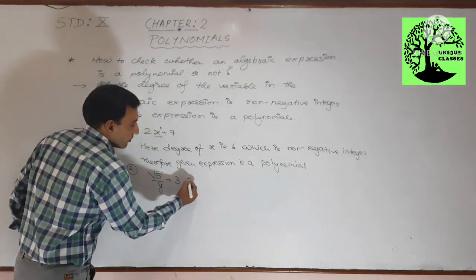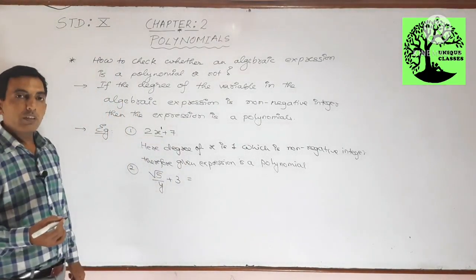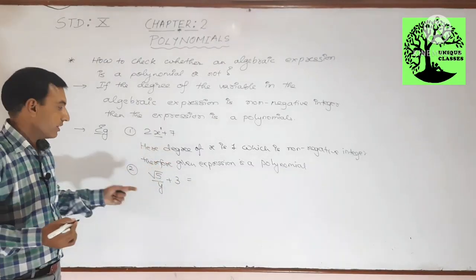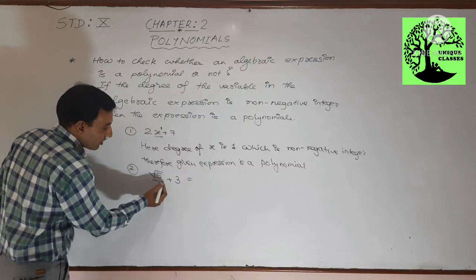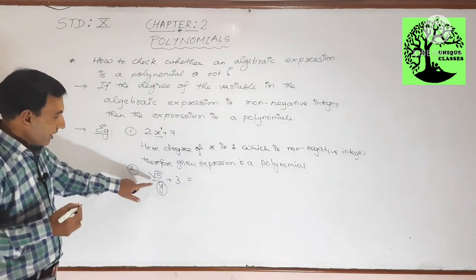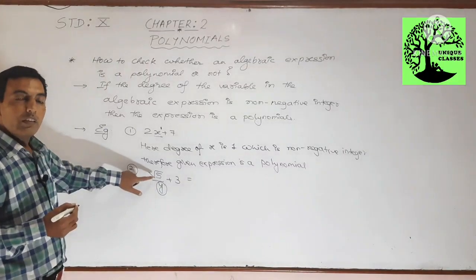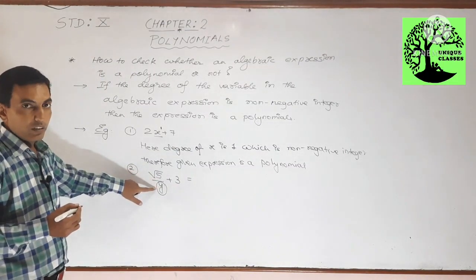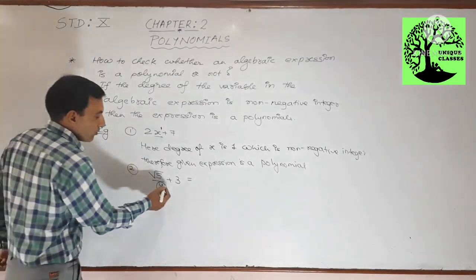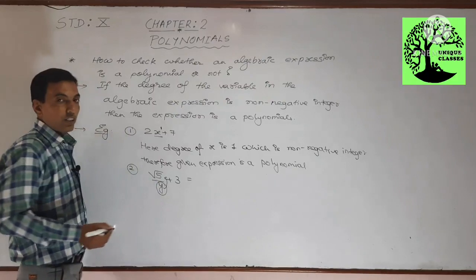So we have to look at the degree of the variable. In this expression you can find that the variable is y, student. The variable y is lying in the denominator, so we have to write it in the numerator, that is we have to take its reciprocal.